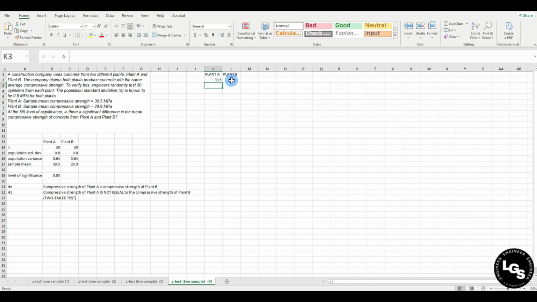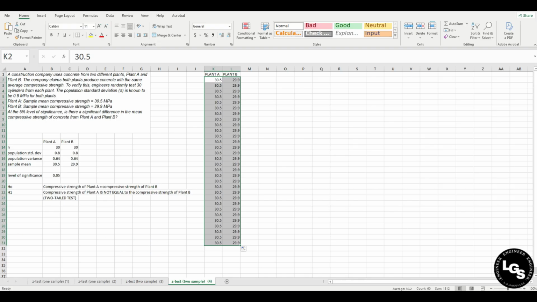So here 30.5, and for plant B 29.9. We will just copy this 30 times to have 30 observations. Then if we have already done this, we can use the z-test for two samples in Excel.